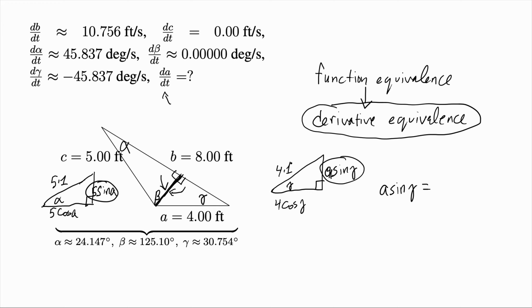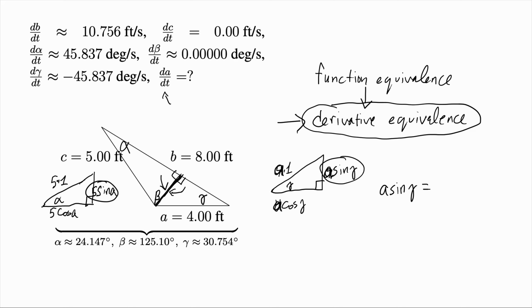So I will make that correction, and I'll leave it in the video. And that's to emphasize that we really want to keep everything as variables before we take a derivative. All right, so A sine gamma, okay, coming from here.